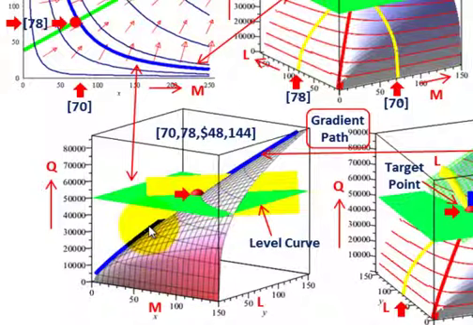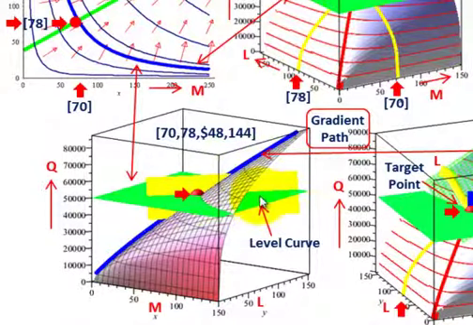I'm looking at our total increase in our production, our gradient path, the path of the greatest increase. And again, this green line is the level curve for our gradients based on our targeted output, 48,144, 70 units of material, 78 units of labor shown here.